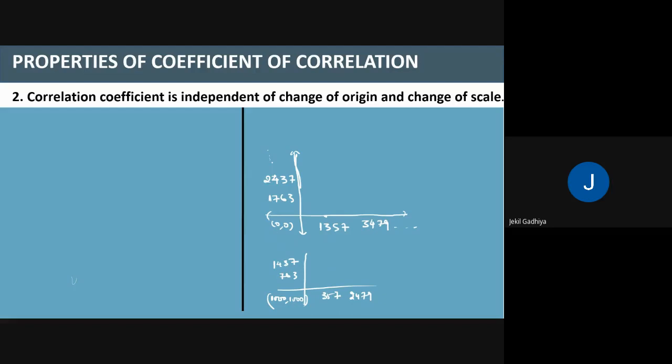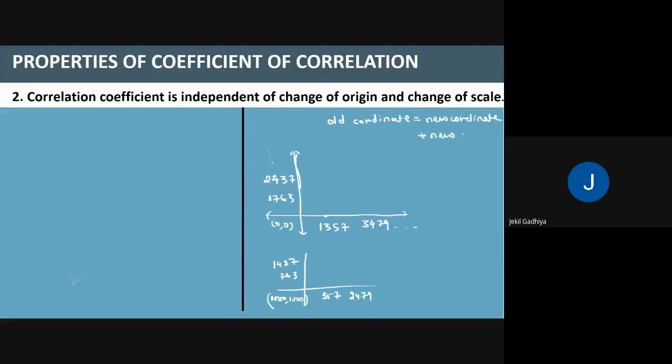Okay. Also you can change the scale. So what is the relation between origins? You can represent it in this form: old coordinate equal to new coordinate plus new origin.